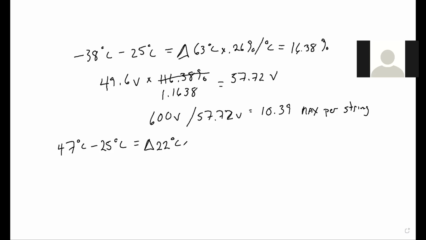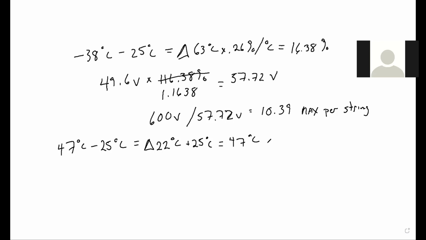This is a ground-mounted system, so I'm going to add 25 degrees Celsius. We would add 30 for a ballasted roof-mounted system, and 35 for a flush-to-roof mounted system. That jumps us back to 47 degrees Celsius. We subtracted 25, added 25, and we're back where we started.